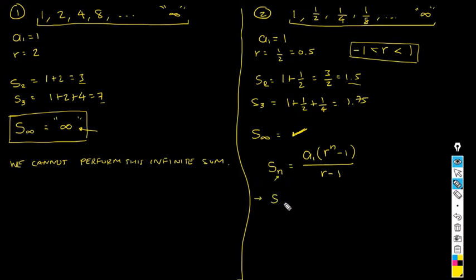The sum of an infinite number of terms is equal to a1, the first term, times the ratio raised to the infinity minus 1, over r minus 1. Okay, we're very close to the discovery.